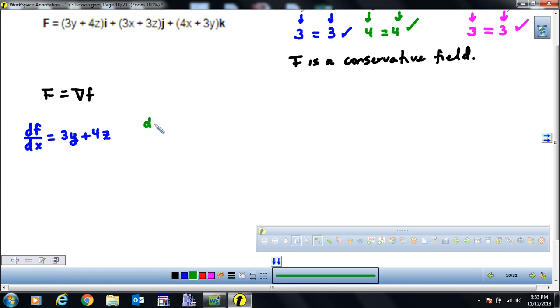The derivative of some potential function f with respect to y is equal to this value. And last but not least, the derivative of some potential function f with respect to z equals this value here, which is 4x plus 3y.